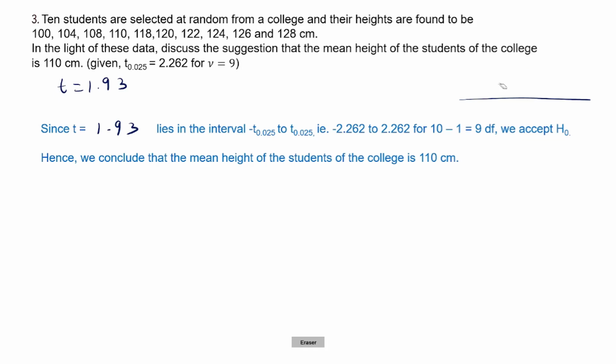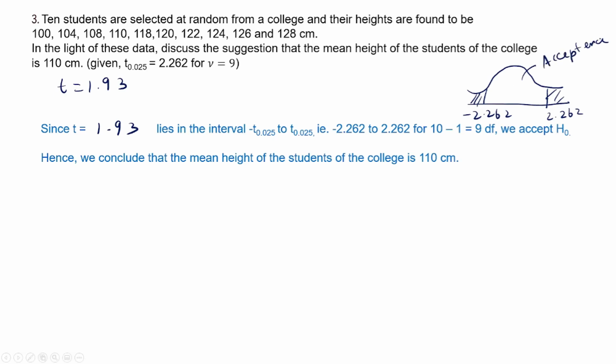As I already said, this is the region of rejection. Here we have minus 2.262 and here plus 2.262, and this is the region of acceptance. This acceptance and rejection is for H naught.